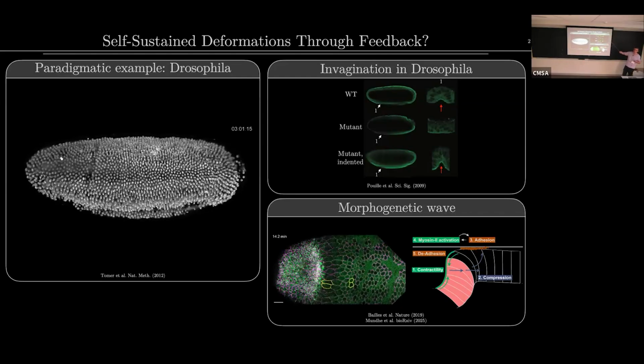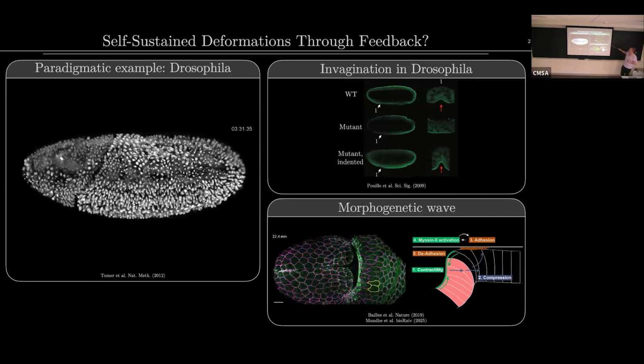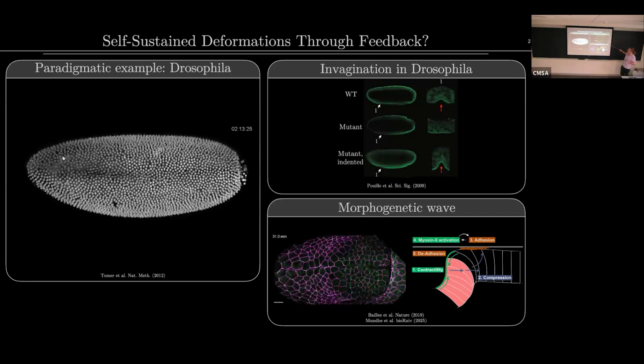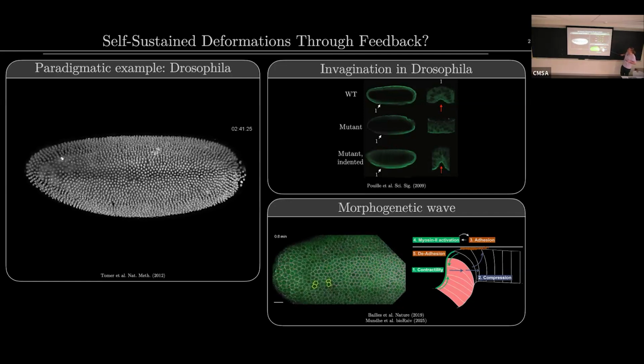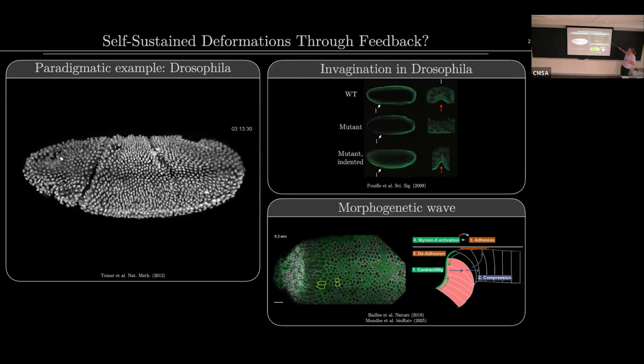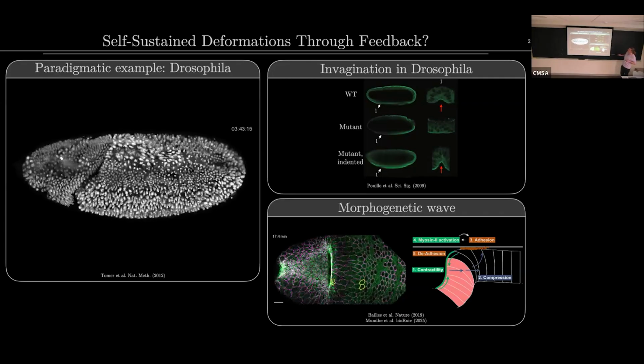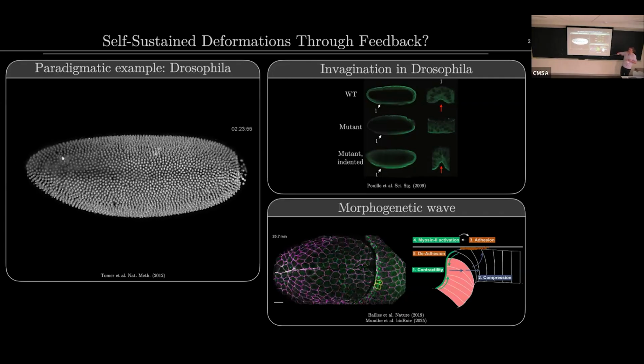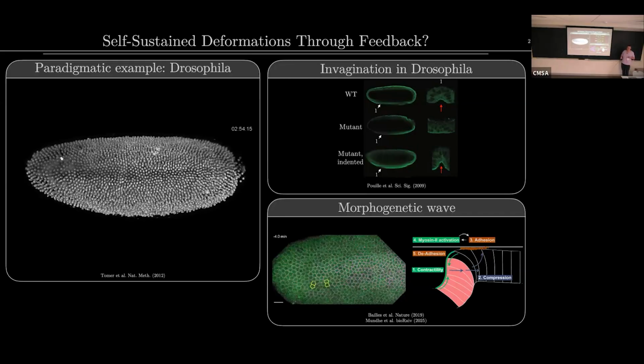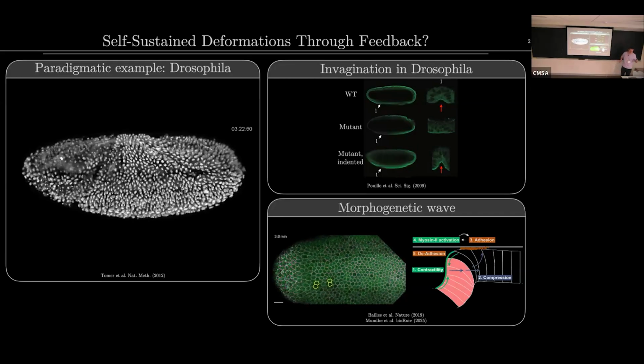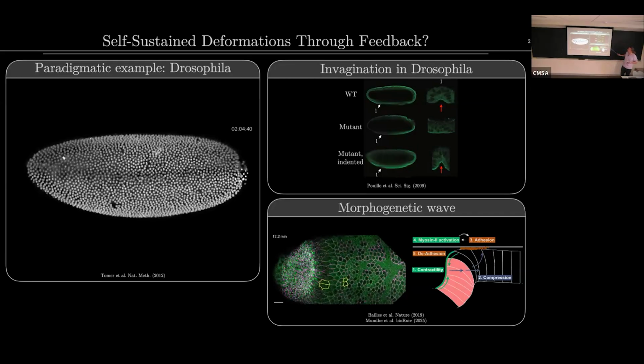But if they mechanically perturb it, mechanically indent it, they recover this local enrichment of actomyosin. So if they perturb it enough, they get something that locally looks like the wild type as well.